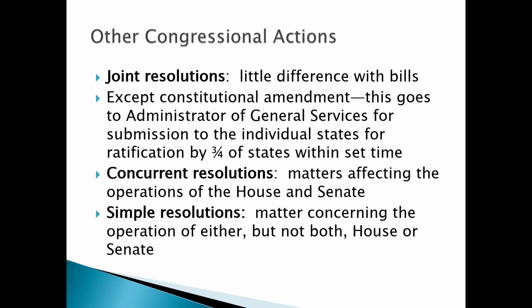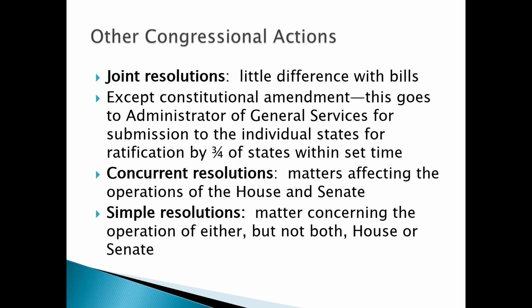So there could be a constitutional amendment proposed, and it is voted on in the House and Senate, but then each individual state legislature votes on that constitutional amendment. And only when 3/4 of the states ratify that does it get added to the Constitution.